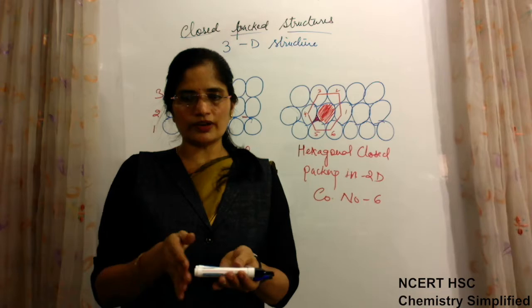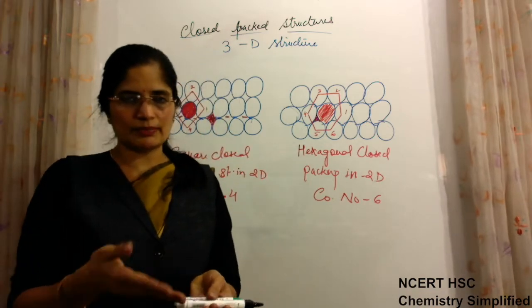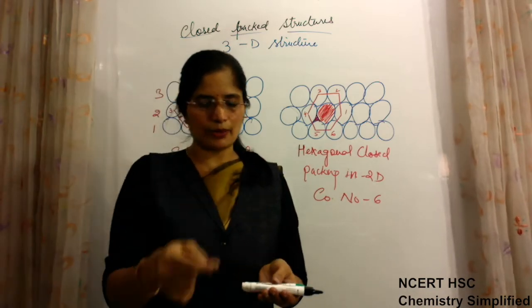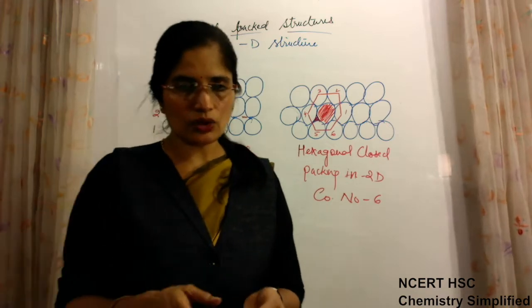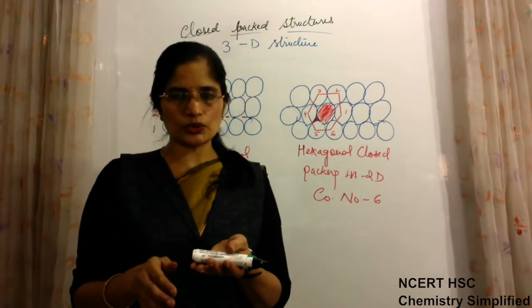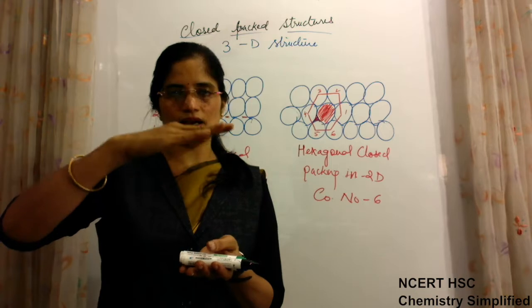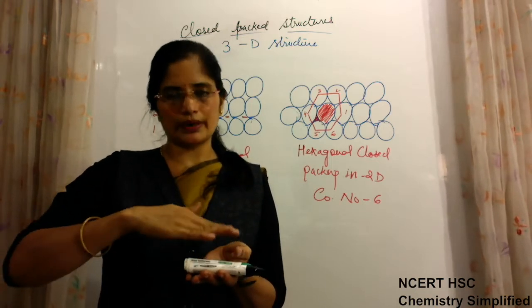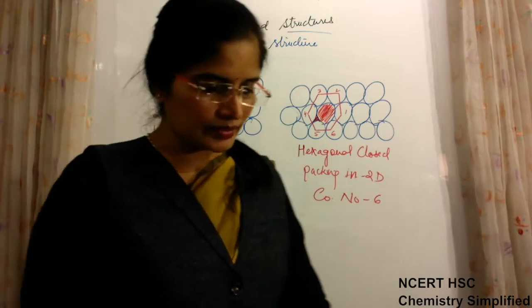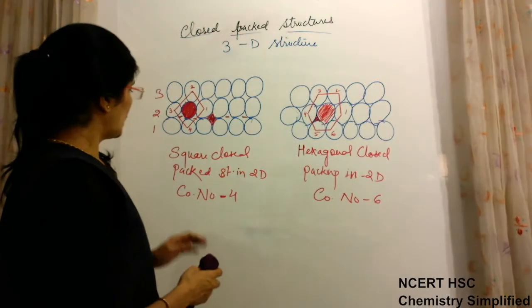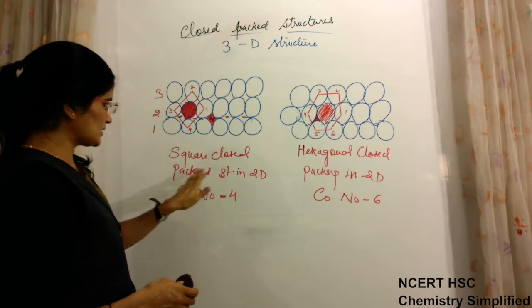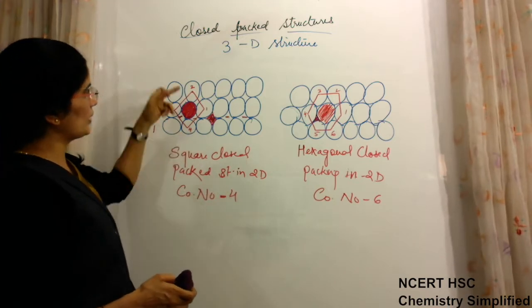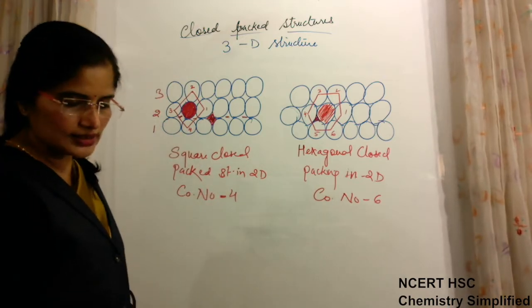How we have formed? One way is this, that we have placed one over the other in the gap of the first one. Now the third layer is to be placed. Third layer is to be placed means what? We have to increase the height. Means we have to pile the particles on the base which has been prepared. Now there are again ways to do it. From square close packed structure in 2D, if we want to make a 3D structure, then what is the way?